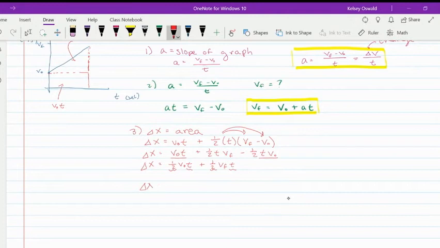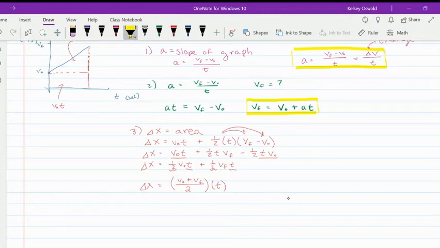So we can pull those out to the front to make this a little bit easier to work with. So we pull out our VO, our initial velocity, plus our final velocity, all multiplied by 1/2 or divided by 2, and then all times time.